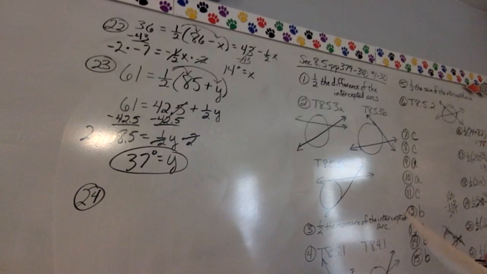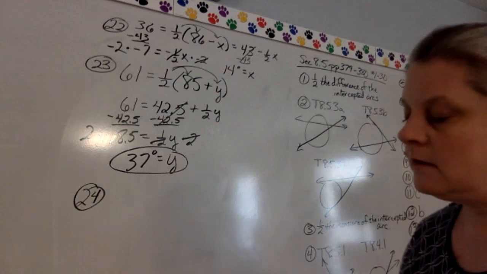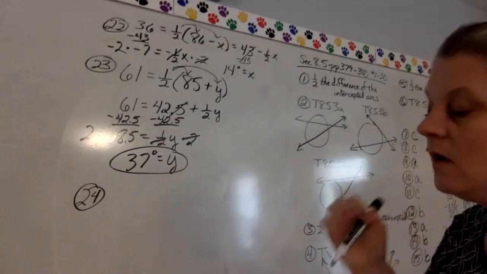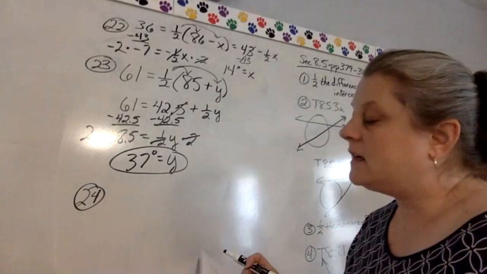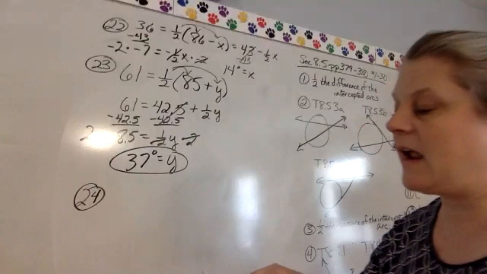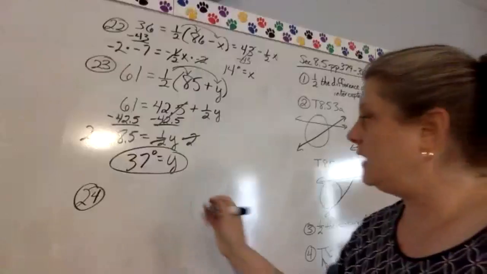Now, are the arcs lined up correctly with the angle? Are the arcs lined up right with the angle? No, they're not. So what we're gonna have to do first is we're gonna take 180 minus the, what is that, 63? Yes. So we get the other angle that goes with the arc that we need.